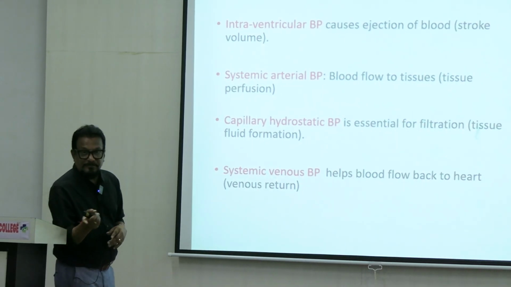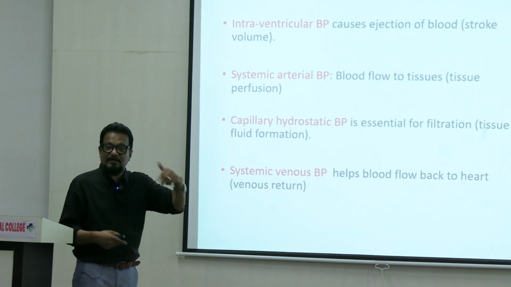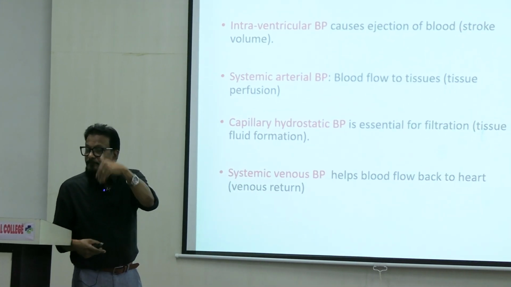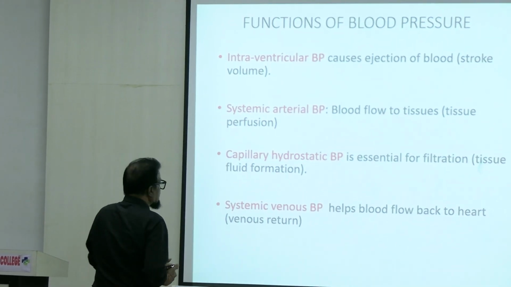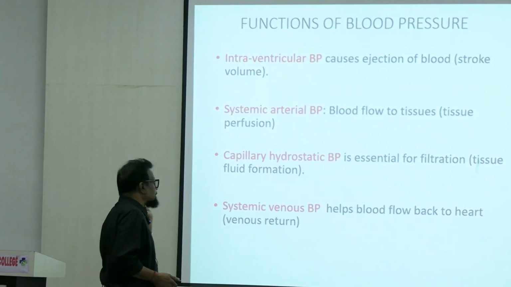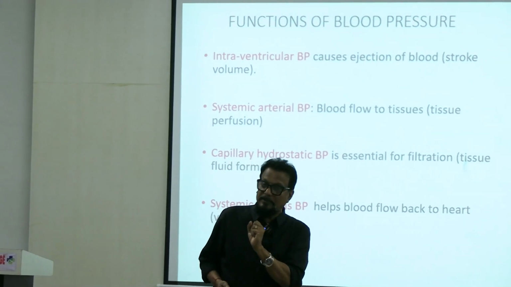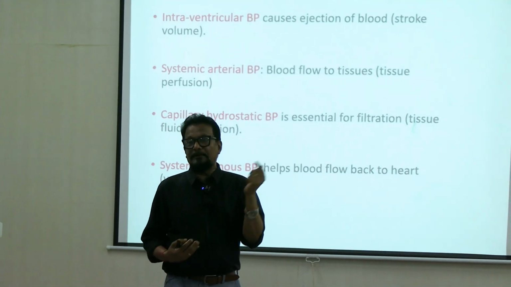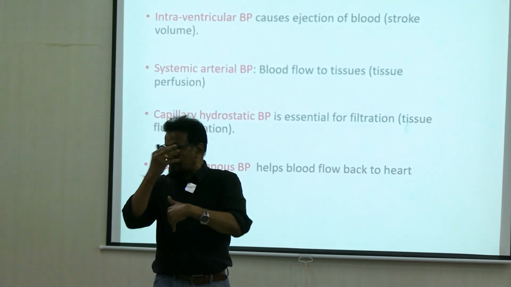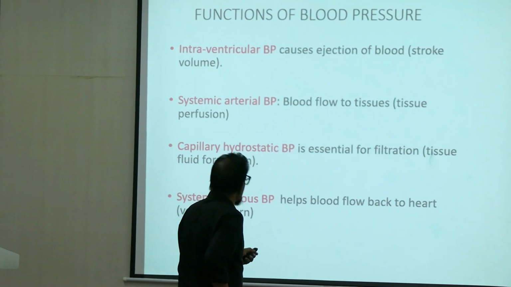And capillary hydrostatic pressure, I said already, because of this, filtration at the tissue level is possible. Filtration in the kidneys is possible. And systemic venous pressure helps blood flow back to the heart. So veins also have a pressure. Because of this pressure, the venous blood is coming back to the heart through venous return. So these are the functions of the blood pressure.